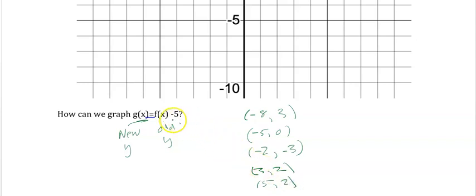So what happens when I take 5 away? This is f of x. So for g of x, the x-coordinates are not going to change because all I've done is subtract 5 from y. So I'm going to get negative 8, negative 2. I'm going to get negative 5, negative 5. Notice I'm keeping the x's the same and subtracting 5.